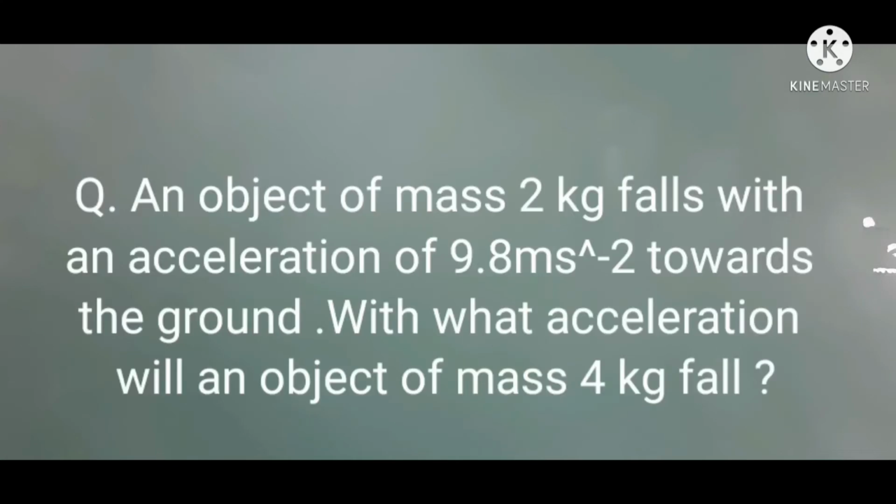Next question, an object of mass 2 kg falls with an acceleration of 9.8 meter per second square towards the ground. With what acceleration will an object of mass 4 kg fall?